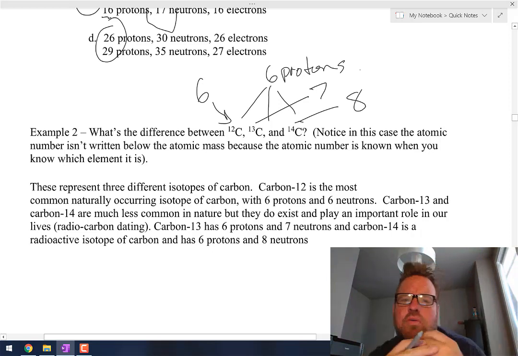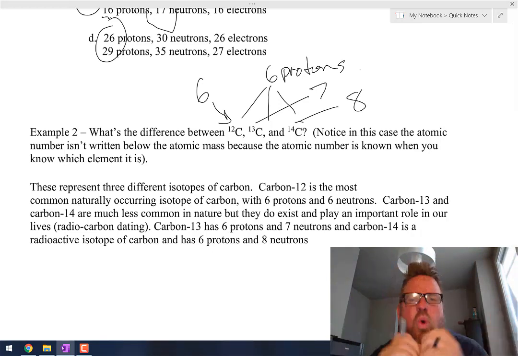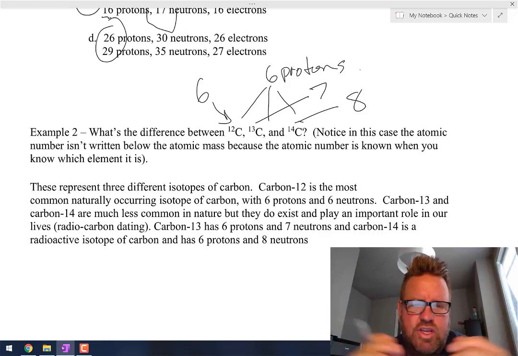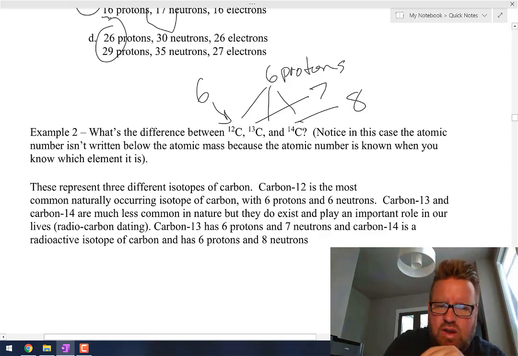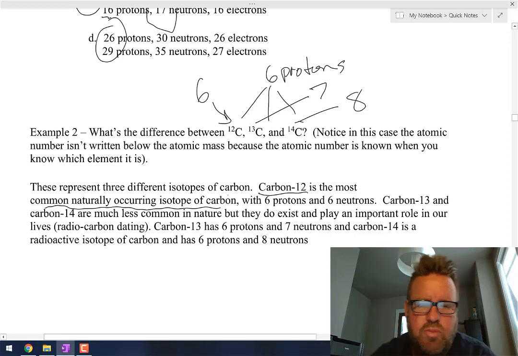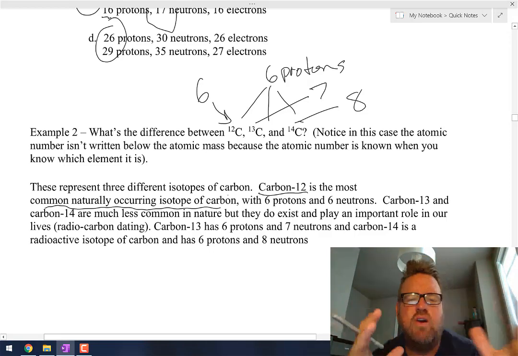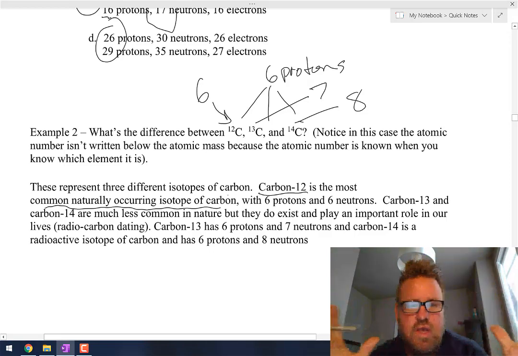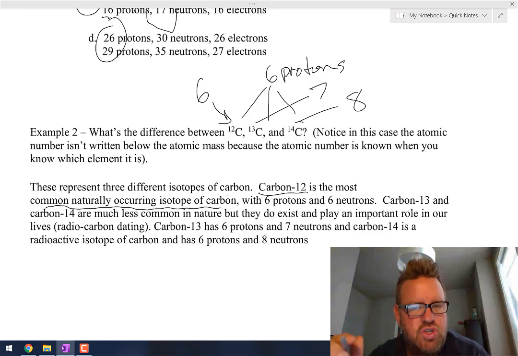Okay, now, sometimes the question comes up, where do these different isotopes come from? They're just there. They just naturally exist in nature. Okay, as you can see here, I tell you that carbon 12 is the most common naturally occurring isotope of carbon. So most of the carbon that just naturally exists in our world is carbon 12.